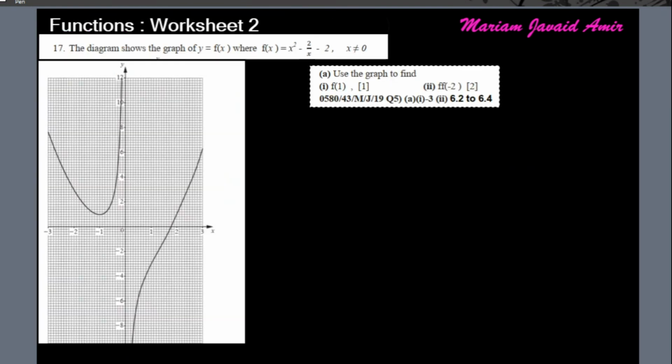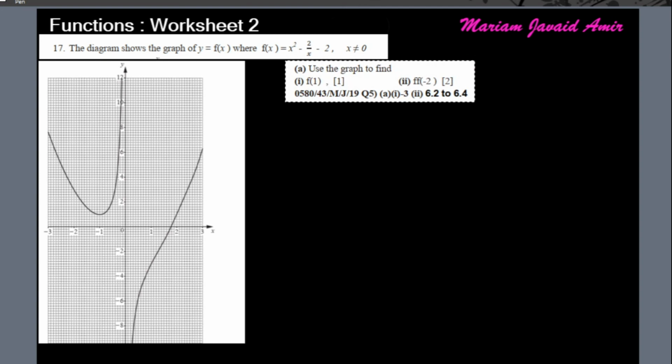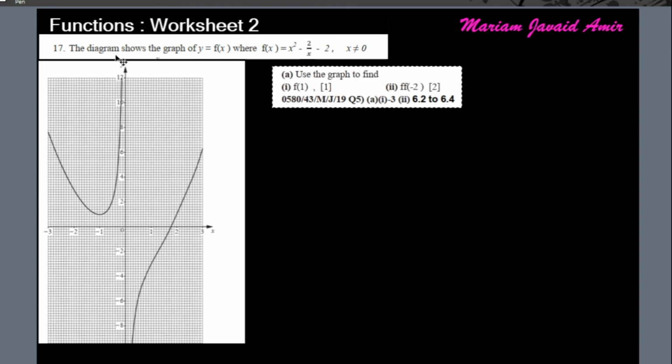Question number 17, part A says, use your graph to find f(1). We can't just substitute 1 in the given equation because the question has bound us to use the graph. So find f(1) using the graph. 1 is the value of x, right? Because the f(x) graph is this.